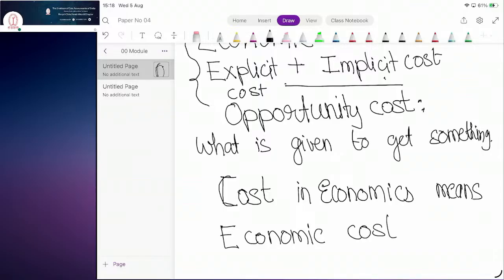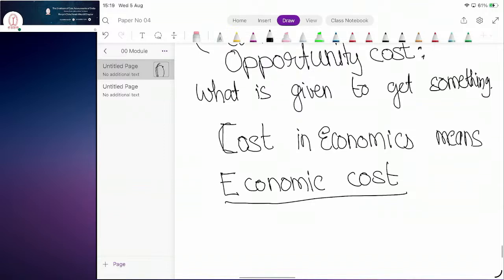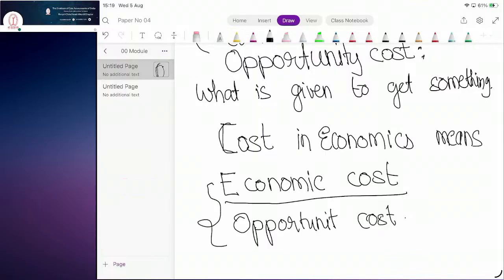Okay, some textbooks, instead of using the word economic cost, are also using the word opportunity cost. हे समजलंय का? So all the cost theories that we are going to study are cost theories relating to economic or opportunity cost. Done? Can I proceed?